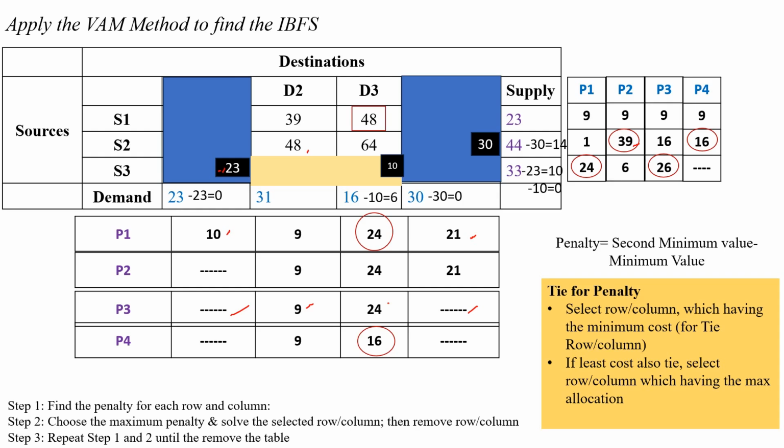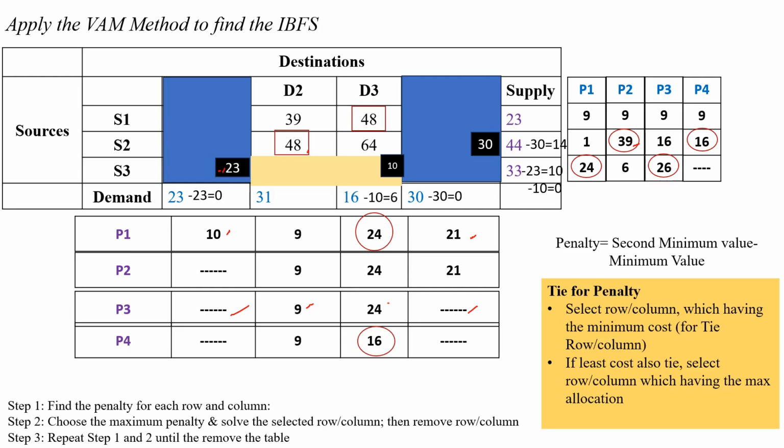the D3 column. So here we have a tie for the penalties. So now we have to choose the minimum value. For the S2 row, the minimum value is 48, and for the D3 column, the minimum value is 48. So here the minimum cost is also a tie, then observe the maximum allocation.